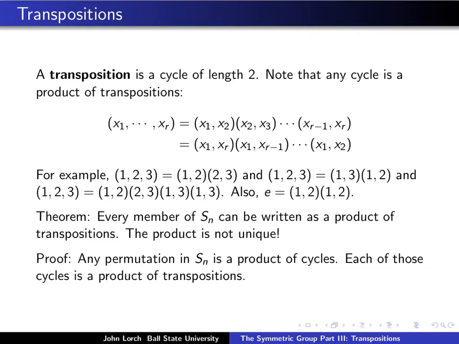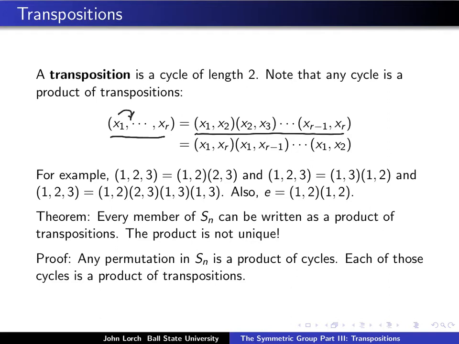Right? So if we take a cycle, like x1 through xr, we can write it, in fact, in several different ways as a product of transpositions. In this first way, you can see a pattern emerging in the product of transpositions. Let's see if it makes some sense. In the cycle, we know that x1 is sent to x2.